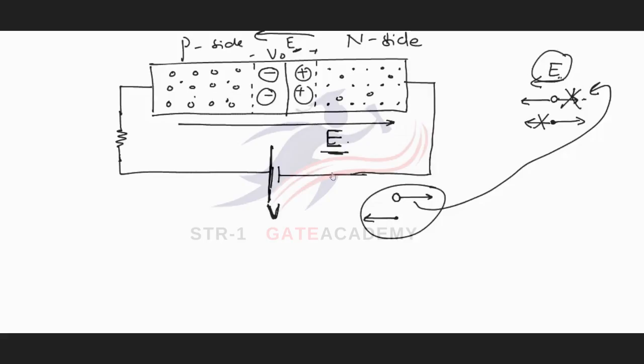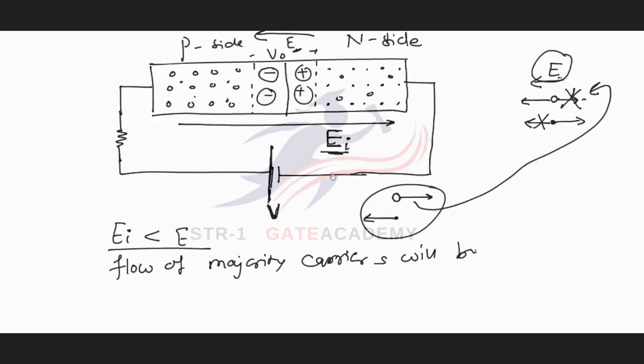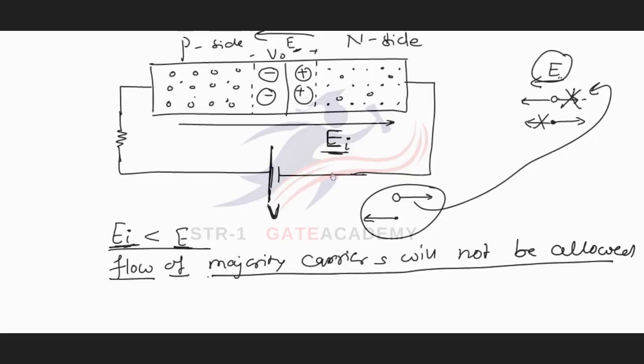When the applied electric field EI is less than E, the flow of majority charge carriers will not be allowed. So if EI is less than E, flow of majority charge carriers will not be allowed, and the forward current IF will be nearly equal to 0.